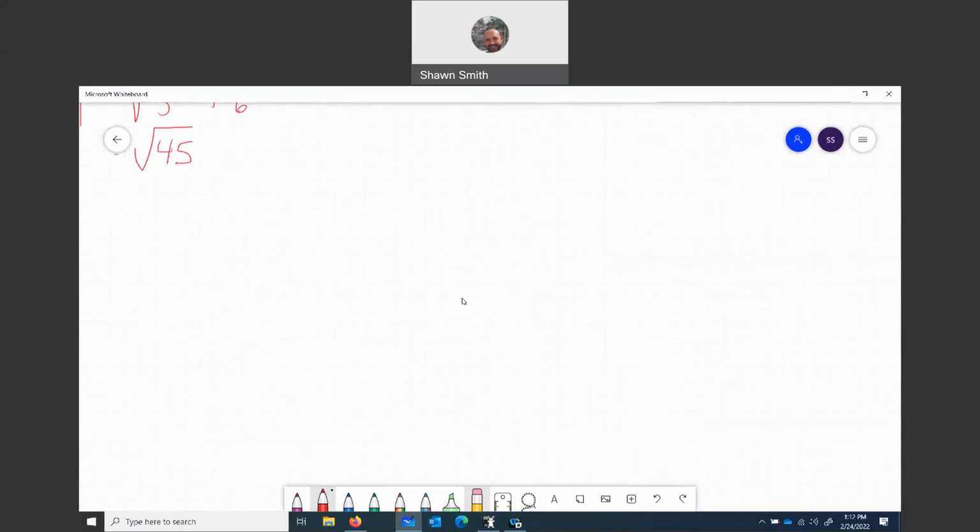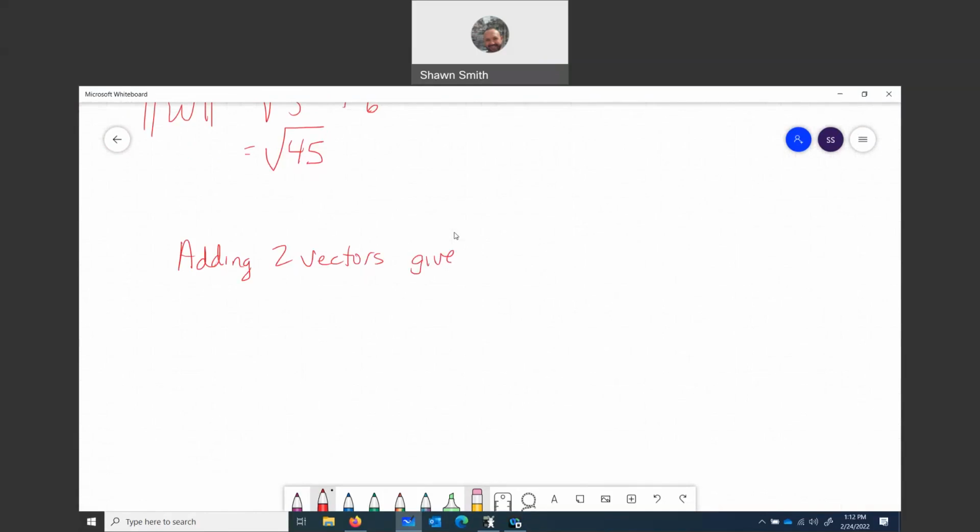All right, so we know how to do vector addition and subtraction geometrically. Adding two vectors gives the resultant vector.